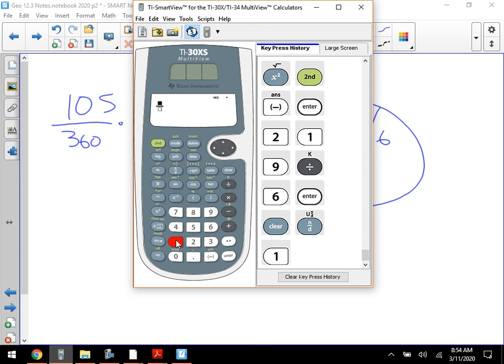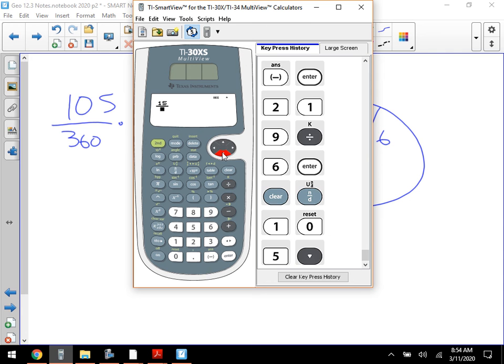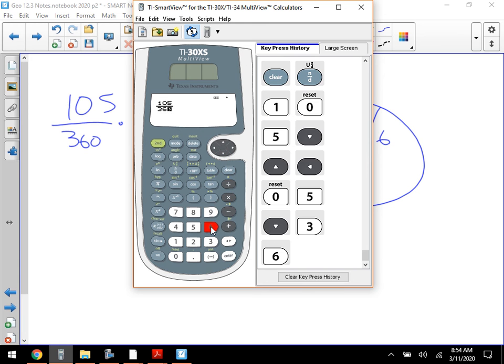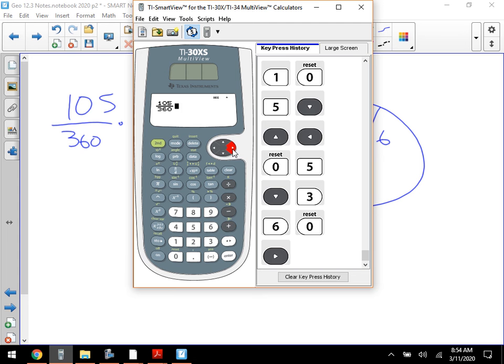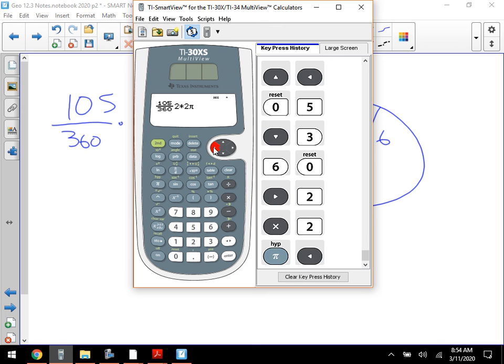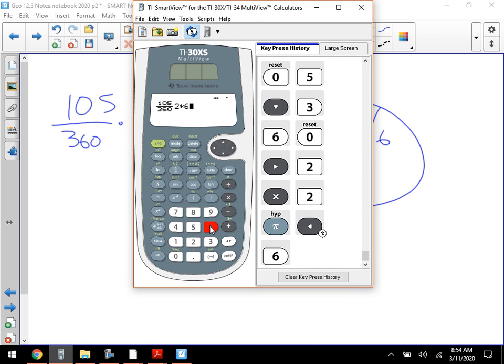So you go 105 over 360, then 2 times 6 for the radius, and remember the pi button. It'll give me an answer in terms of pi, and that's exactly what we should have. I do not need decimals. I will ask you to leave your answers in terms of pi.